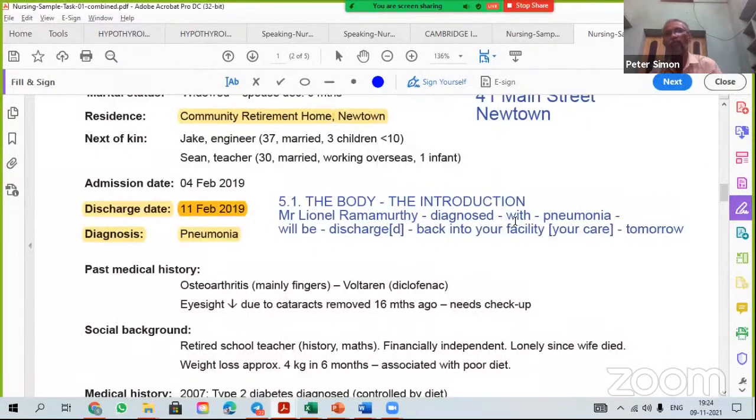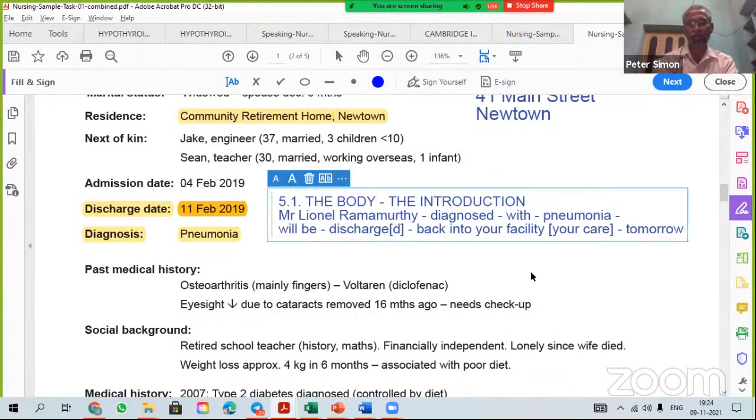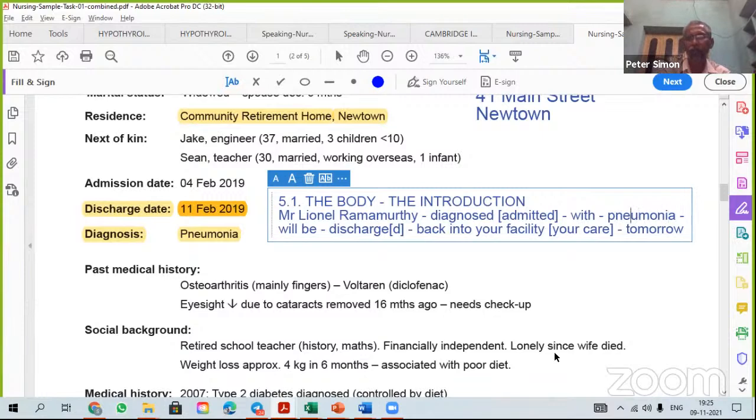Diagnosed or admitted. Right. Or recuperating from pneumonia.